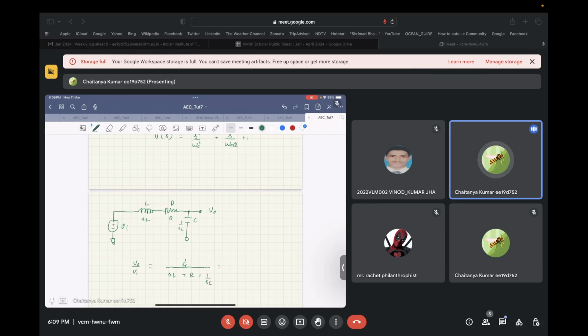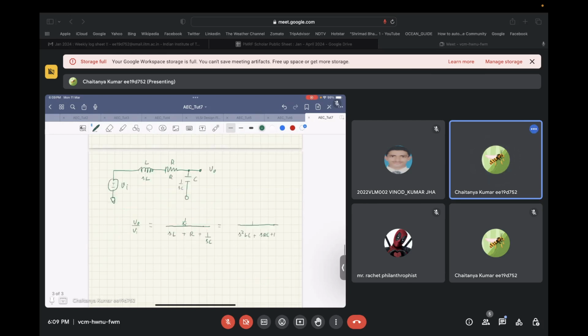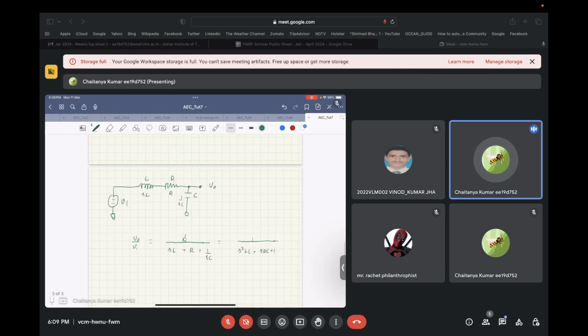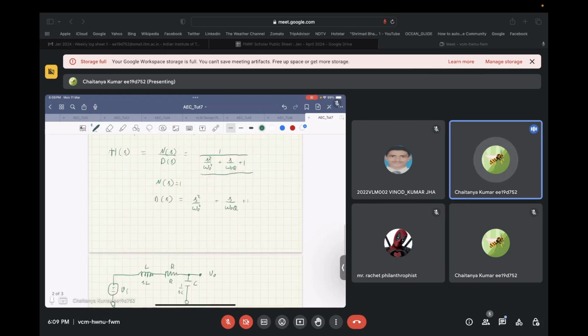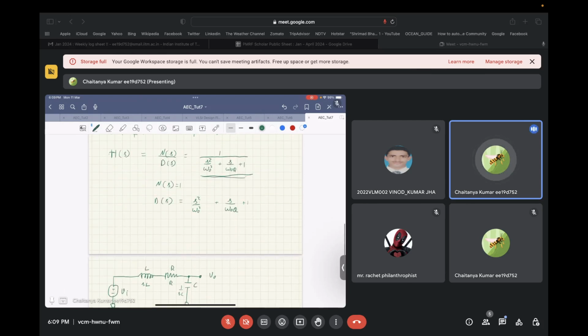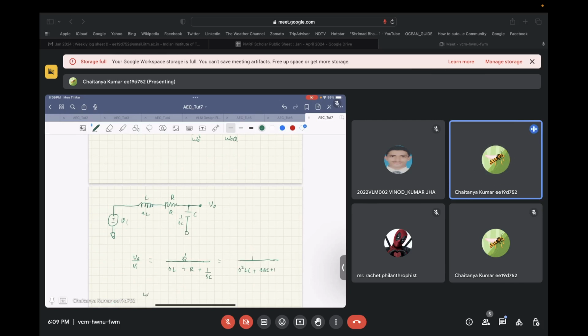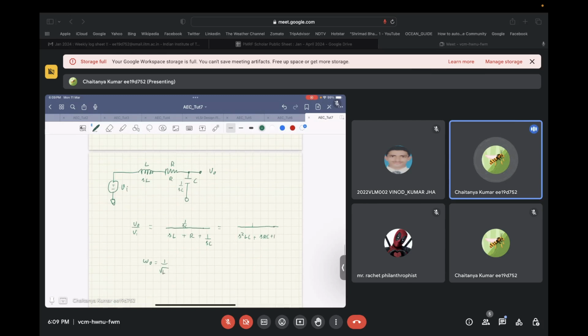So if we further simplify it, it basically looks like 1 upon S squared LC plus SRC plus 1. So if we compare this with the original transfer function that we had, we get omega naught as 1 upon root LC and 1 upon omega naught Q as equal to RC.